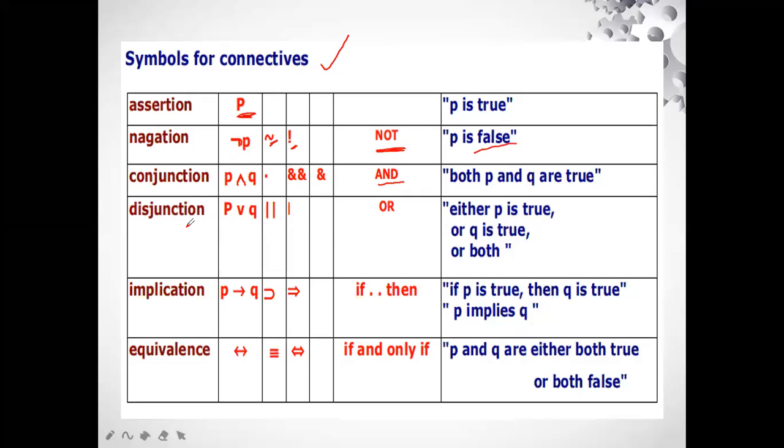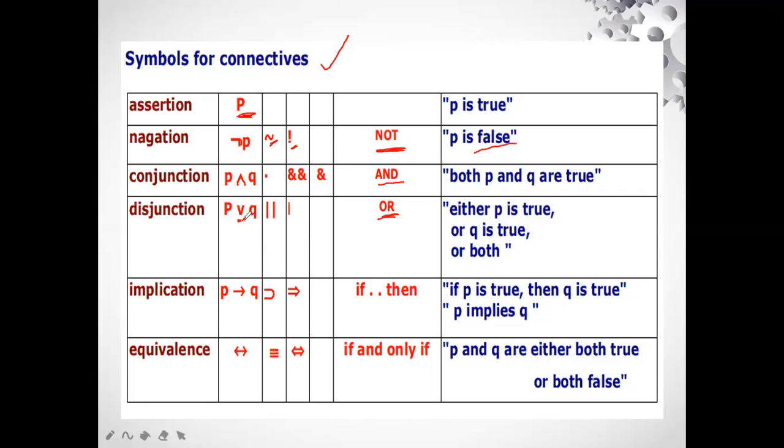Next one is disjunction. Disjunction works the same way as or. P disjunction Q, this is the symbol for disjunction. That means either P is true or Q is true, or both are true. So that is how the or operator works.